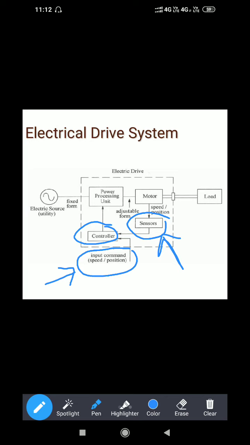The controller compares these two signals and gives the error signal to the power processing unit or power modulator.